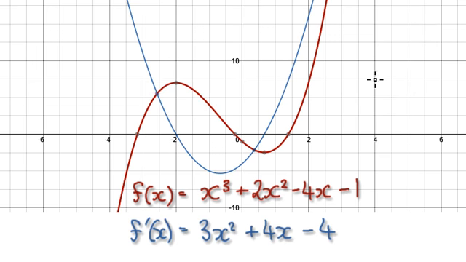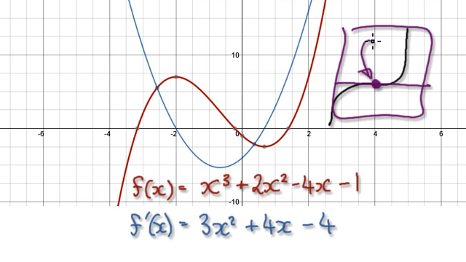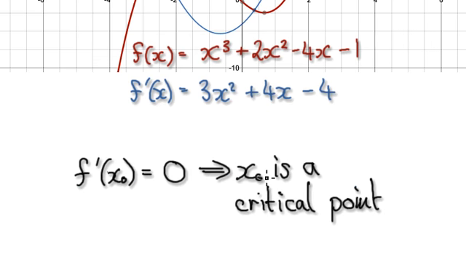But it's possible to have a graph where it's like this. Okay, and then the f prime here would be 0. But in this case it's not a turning point. So we cannot say it's a turning point. We have to call it a critical point.